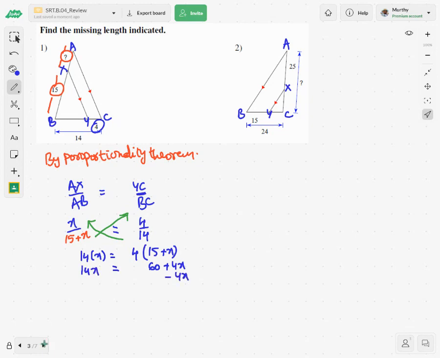Take away 4X on both sides. You get 10X is 60. Division by 10 to isolate X. 60 over 10, the value of X is 6.